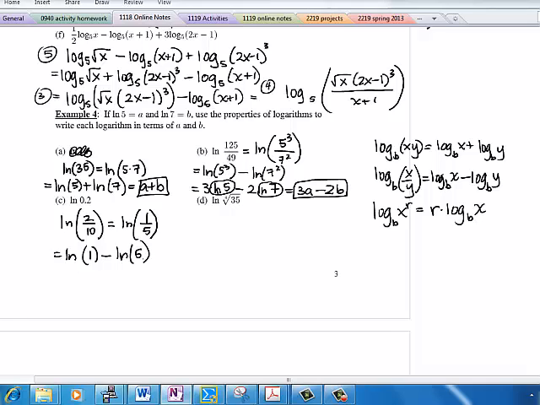Either way is fine. Natural log of 1 is 0 because e to the 0 is 1. Right? And then natural log of 5, that's what was defined to be a. 0 minus a is negative a. So the natural log of 0.2 would be the opposite of a.